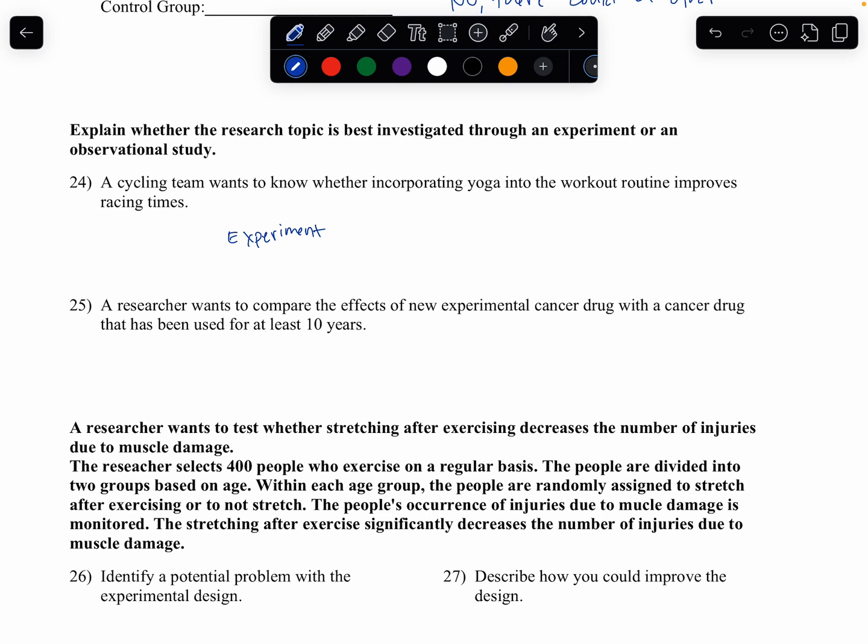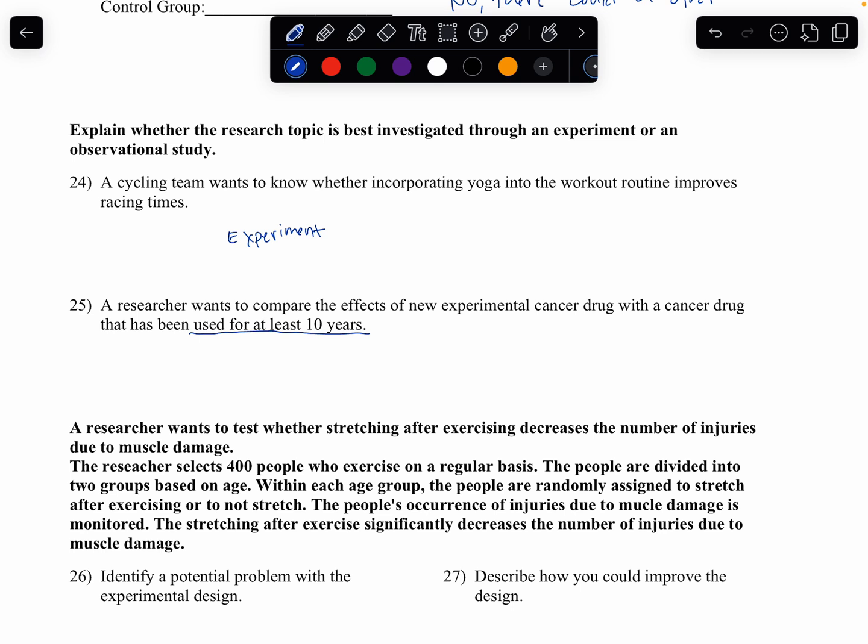A researcher wants to compare the effects of a new experimental cancer drug with a cancer drug that has been used for at least 10 years. Honestly, it sounds like an experiment initially, but whenever you think about that they're comparing it with the cancer drug that has been used for at least 10 years, then that would be observational.